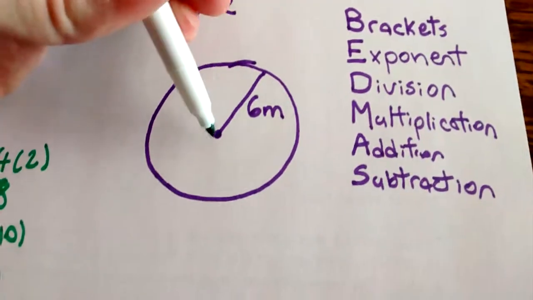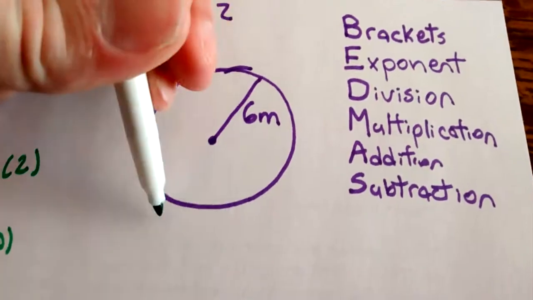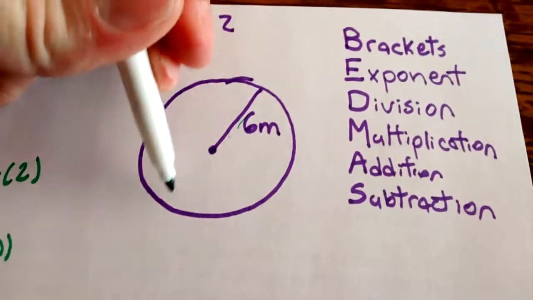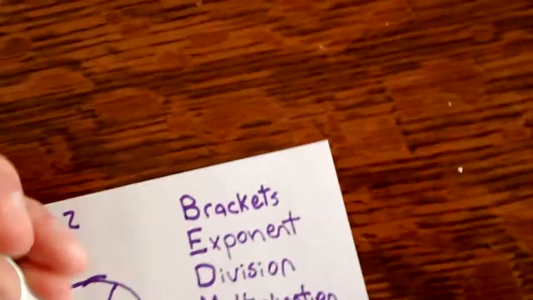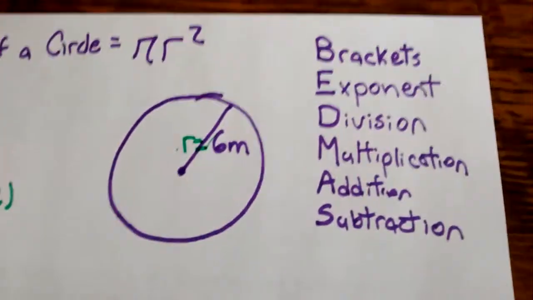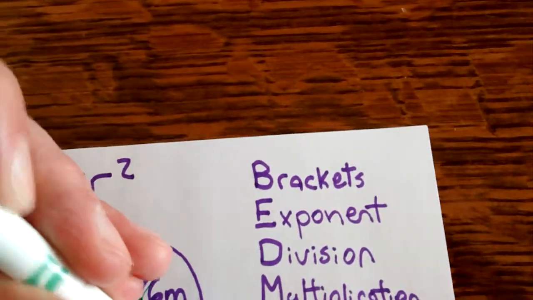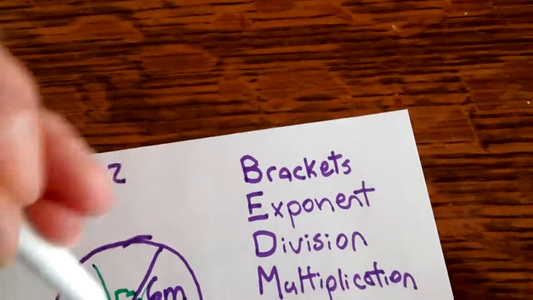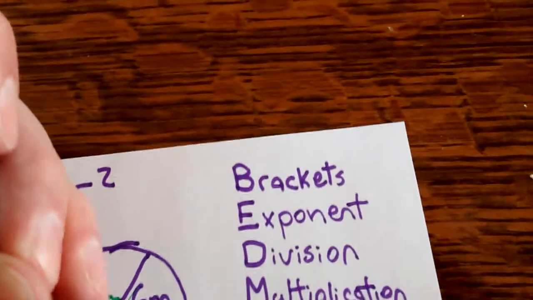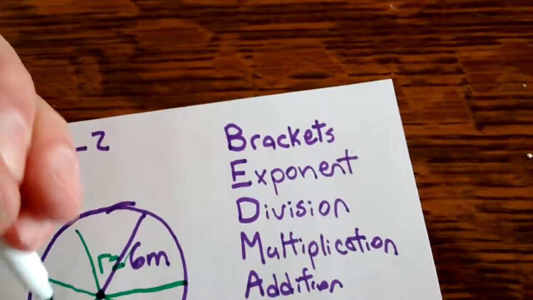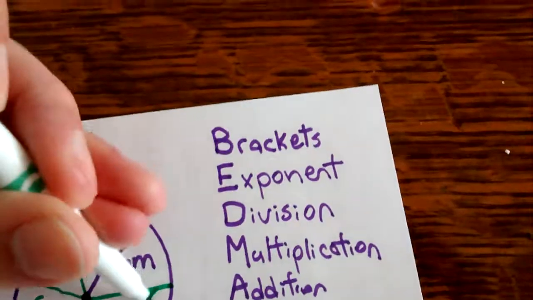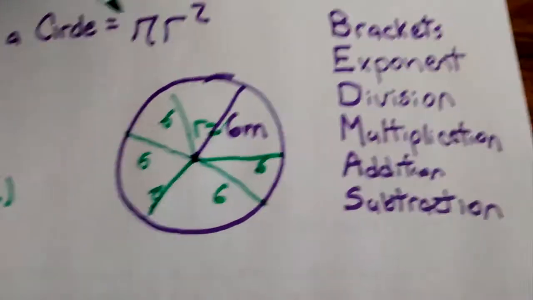This, I see I'm dealing with radius and not the diameter. The diameter would be the full length. This is the radius. No matter where I draw that line, here, there, there, on a perfect circle, that line will always equal 6.